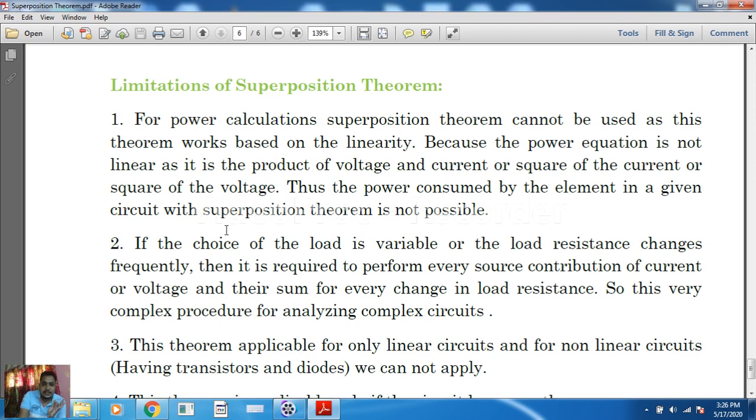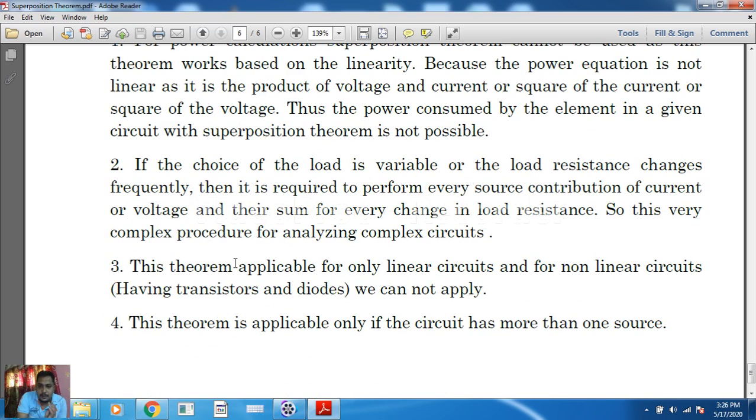Next, if the load is variable or the load resistance changes frequently, then it is required to compute every source's contribution to each current or voltage and sum them for every change in load resistance. So it is complex. When we are solving using a single source, say R1 is a variable resistance.